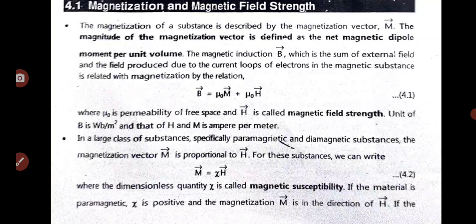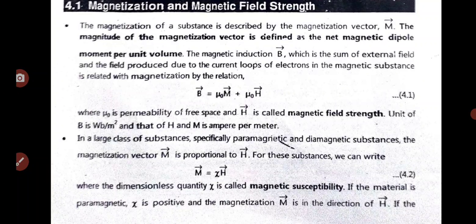In electrostatics the formula is E equals 1 upon 4 pi epsilon naught times q by r square, where epsilon naught is the permittivity of free space, and here mu naught is the permeability of free space.